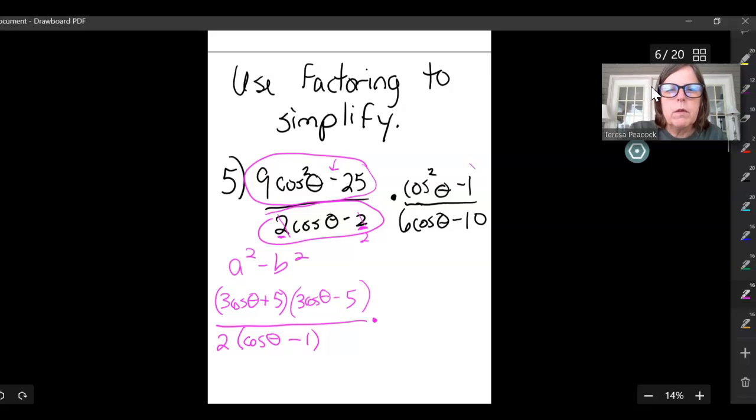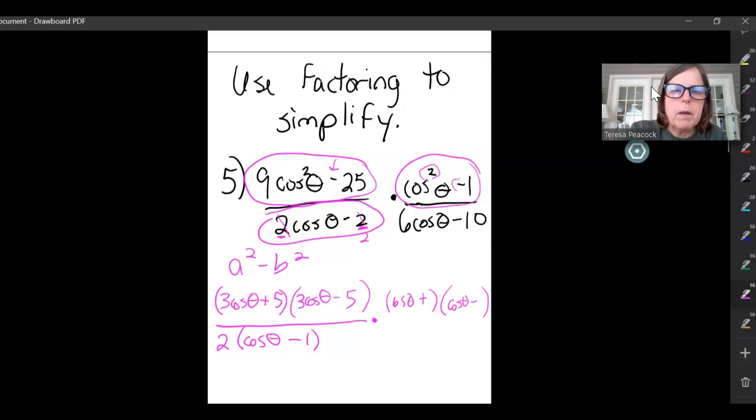All right, now moving to this numerator, again, because that is a square and that is a minus, you can do that same thing again. So we break cosine squared theta up into cosine theta and cosine theta, plus minus, and we break the 1 up into just 1 and 1.